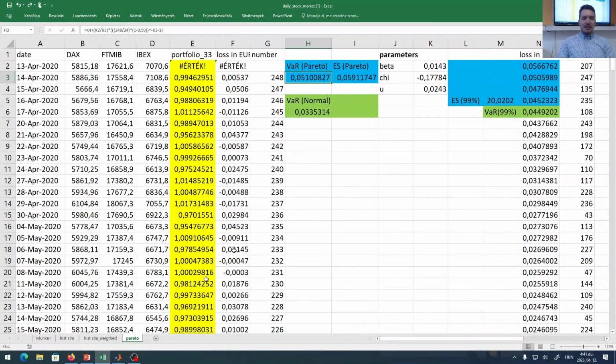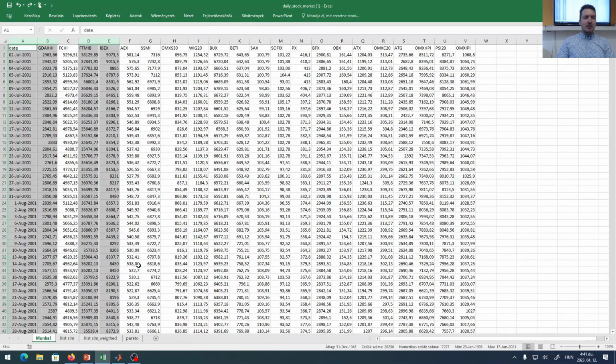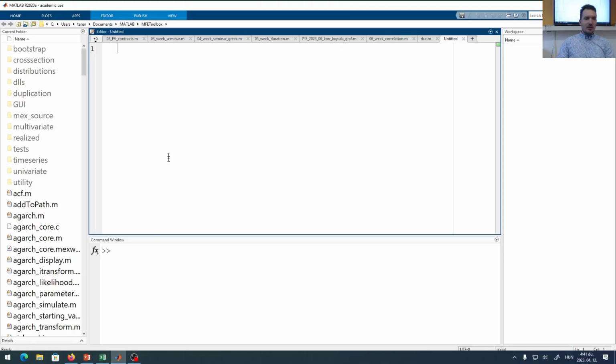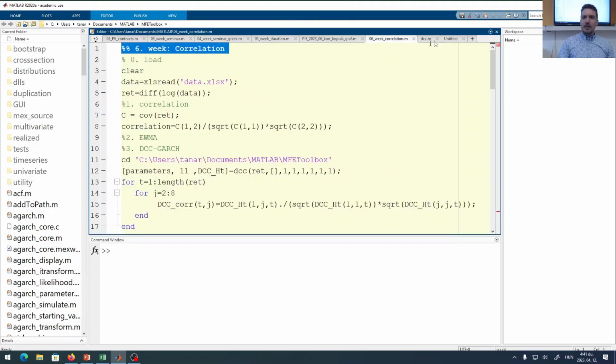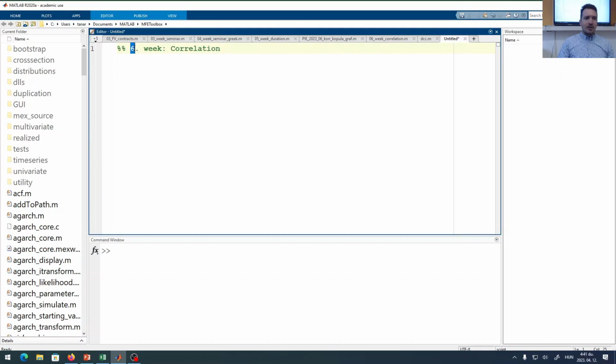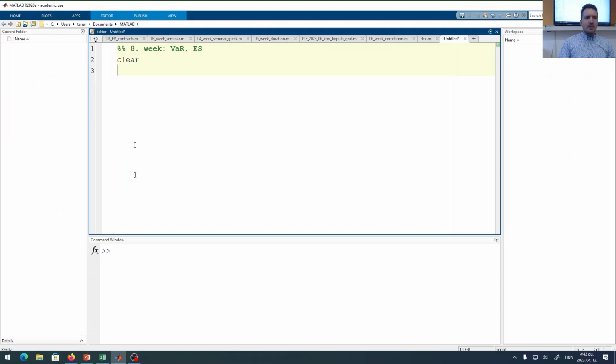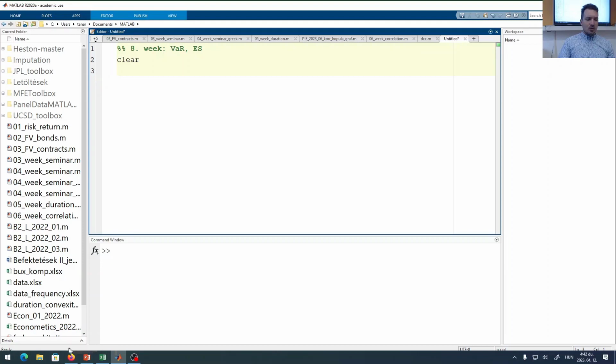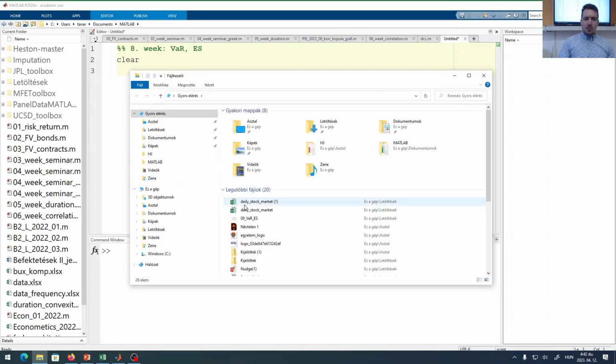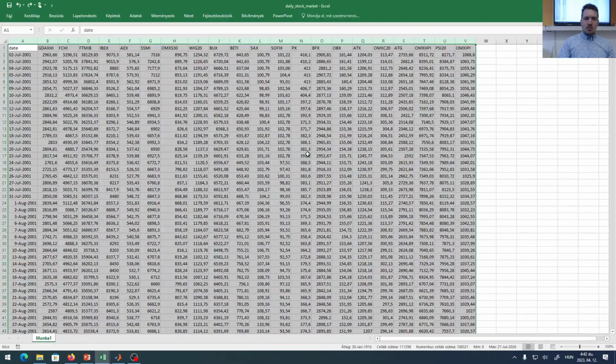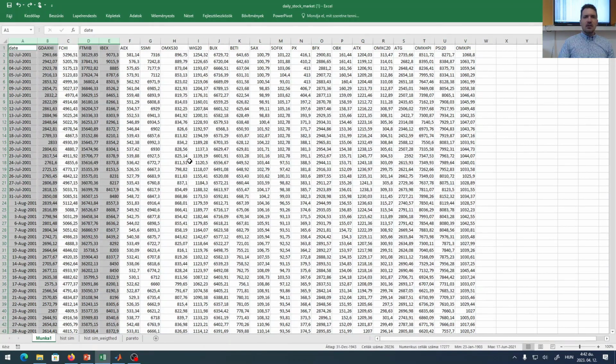Yeah, but now let's see MATLAB. So what do we have? Week 8? Yes. VaR and expected shortfall, so clear. This is the wrong data set. Let's load this one.